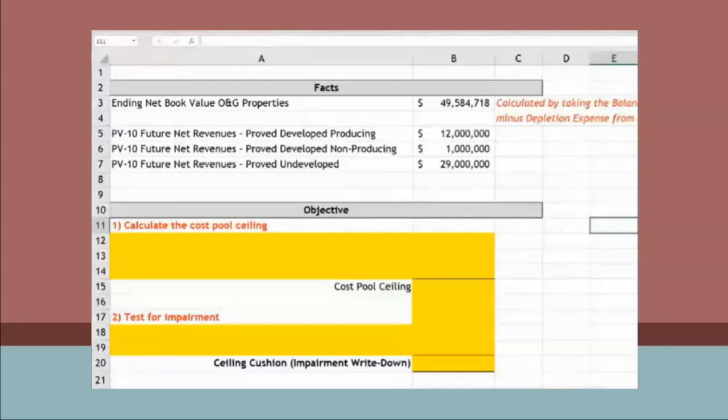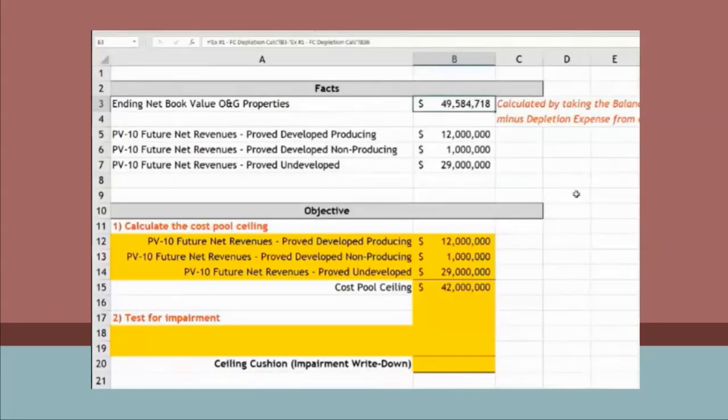But how do you calculate your cost pool ceiling? Well, in this situation, if you're looking at your slides, this is bullet point 1, which is the only thing that most companies consider, you have to consider. So it's your PV10, your future net reserves on all of your proved property categories. So let's just grab all those.